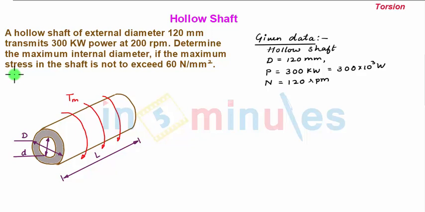And they have given that the maximum stress in the shaft must not exceed 60 Newton per mm square. We know that the stress induced in the shaft is shear stress, so we have tau m is equal to 60 Newton per mm square.